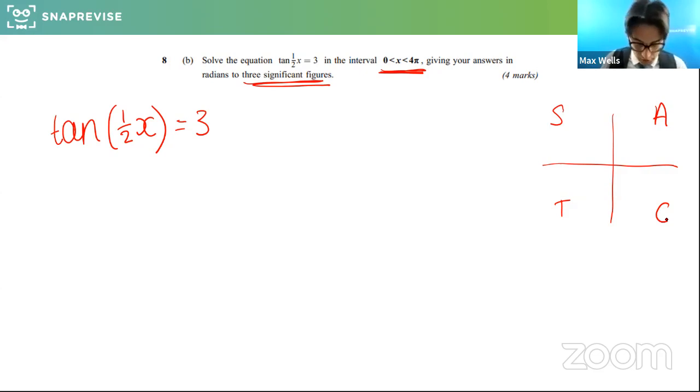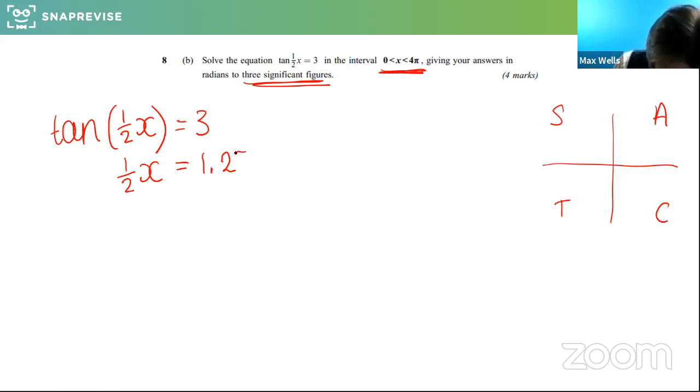And then we solve this just like any other trig problem, really. Inverse tan of both sides. And what you're going to get to start with, so you're going to inverse tan. And if we just do that quickly, shift tan of 3, the first value we get is 1.249, so rounded to 3SF, 1.25.